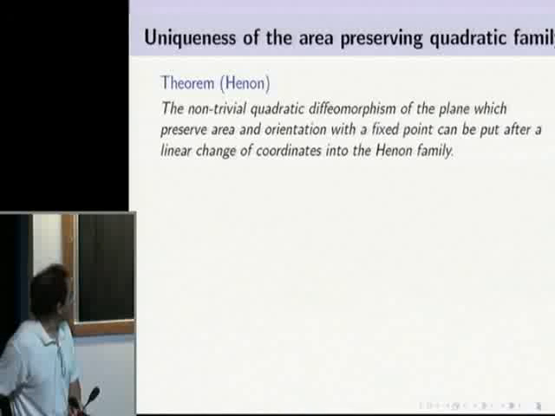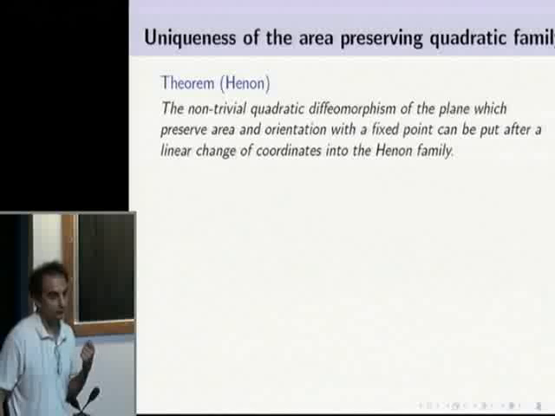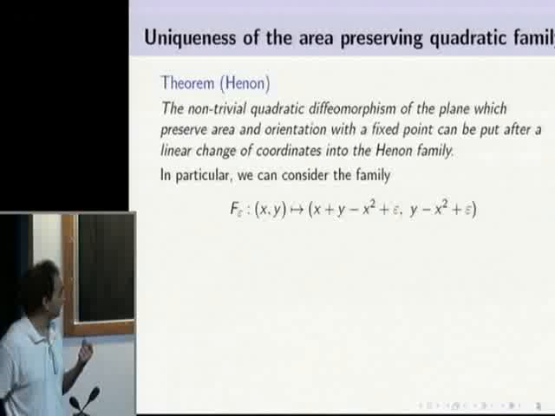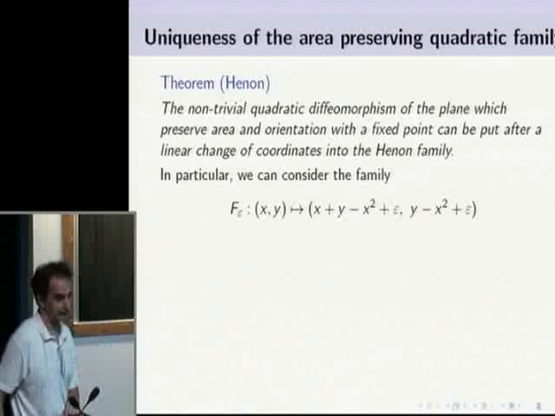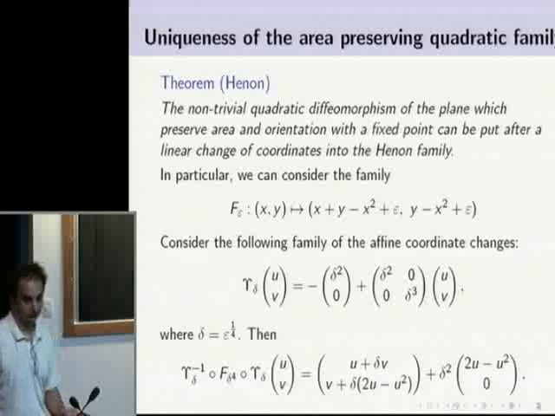So how can you work with that? What helps a lot is that actually there is only one non-trivial quadratic family. Any other can be obtained from that family under some change of coordinates and change in the space of parameters. So for example, you can consider this family instead of the Hénon family.